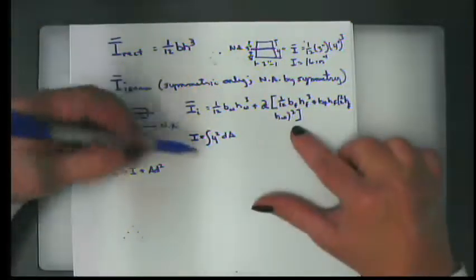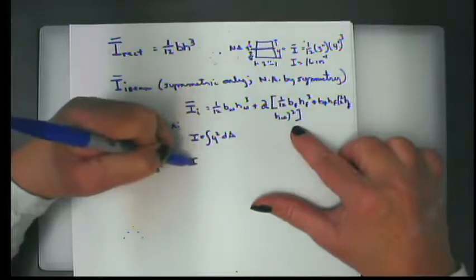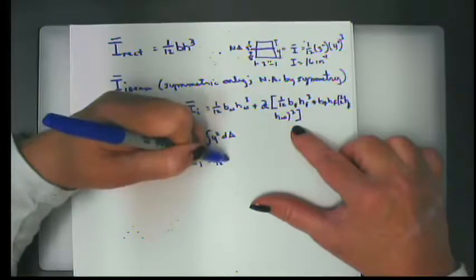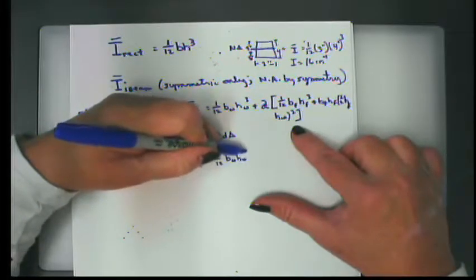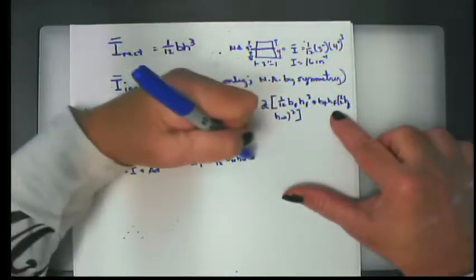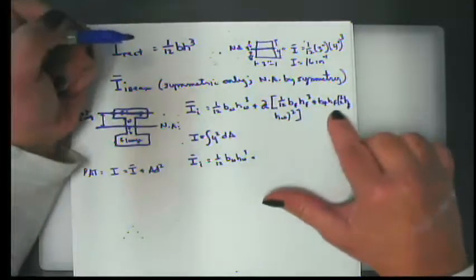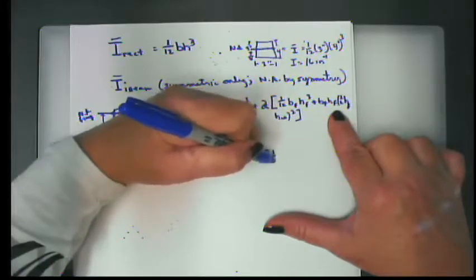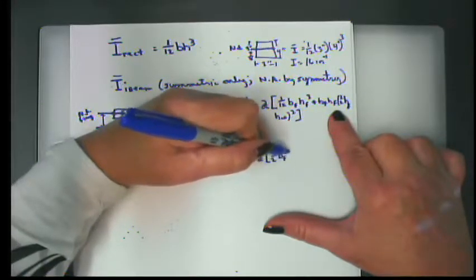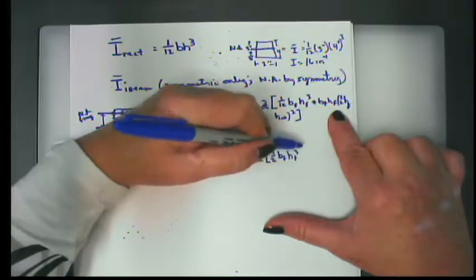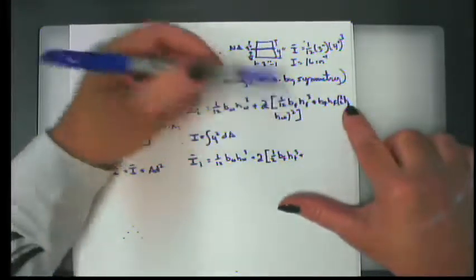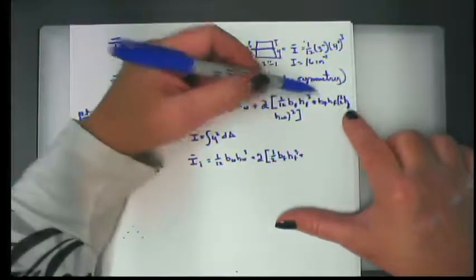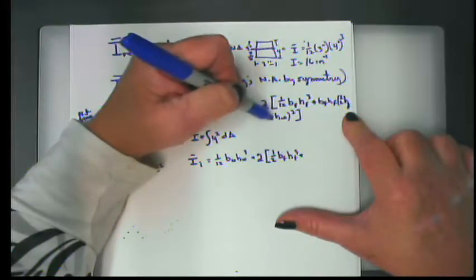All right, so if we simplify this, we can say then that the I of an I-beam is equal to 1/12 times the base of the web times the height of the web to the third, plus 2 times 1/12 times the base of the flange times the height of the flange to the third, plus this is this times this, A D. There we go.